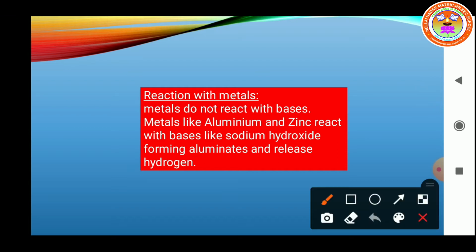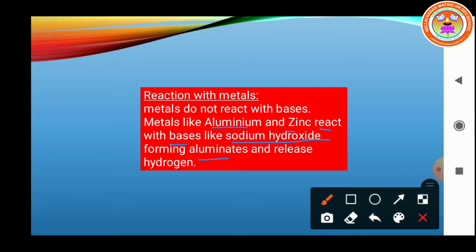Reaction with metals. Metals do not react with bases. But some metals like aluminium and zinc react with bases like sodium hydroxide. What are the products formed here?